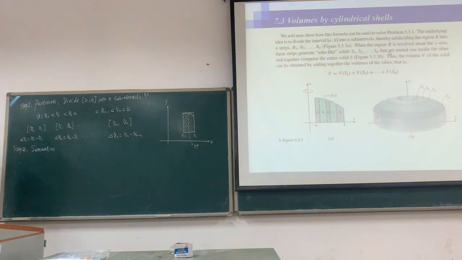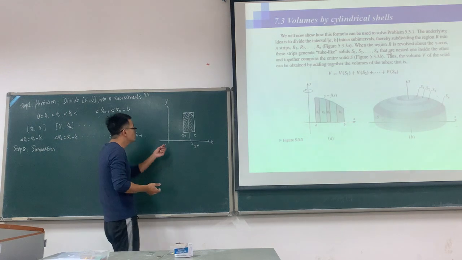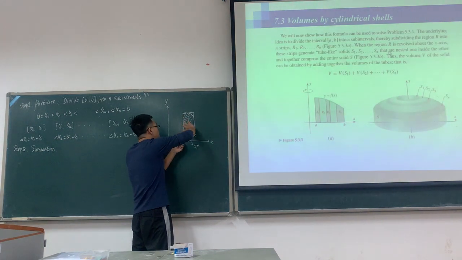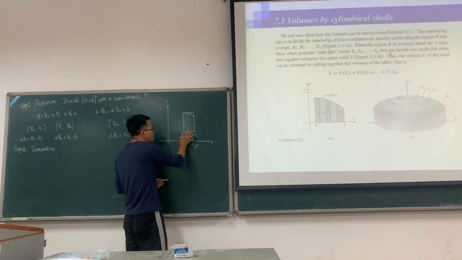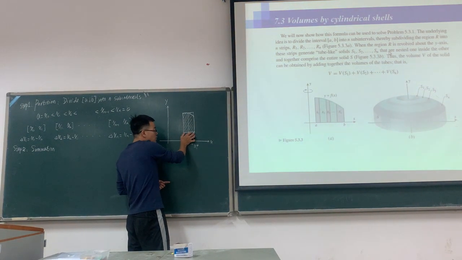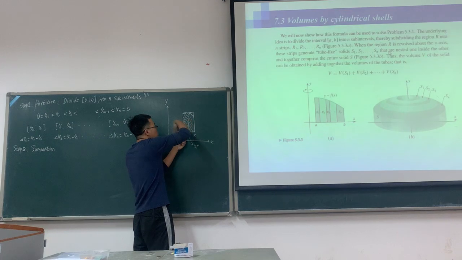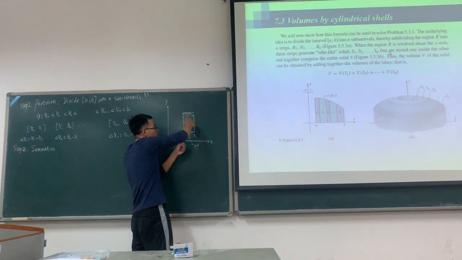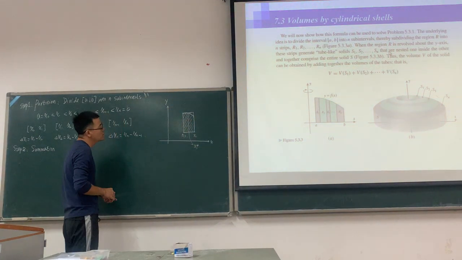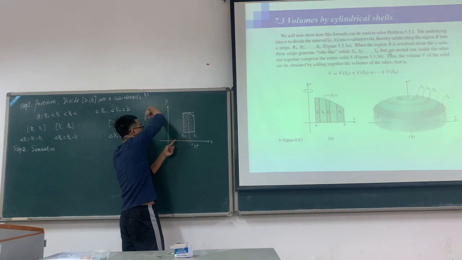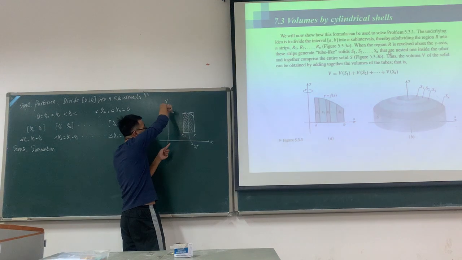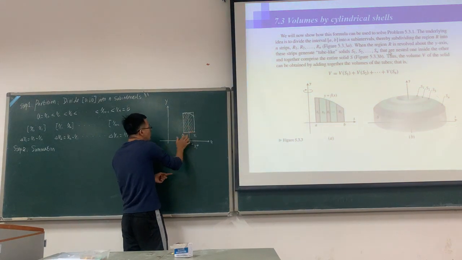So we use the solid formed by revolving the rectangle about the y-axis to approximate the tube-like solid. What's the volume?